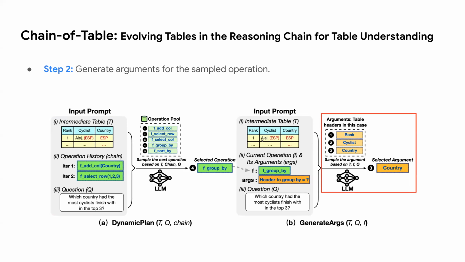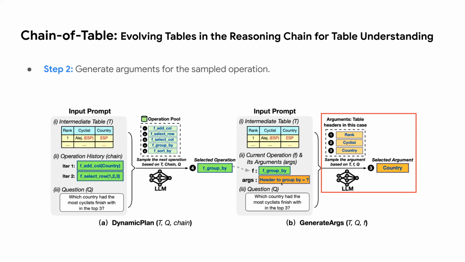Similarly, we consider a few different elements to prompt our model to get the argument: the intermediate table, the selected operation, and the question. That's quite simple. And here I want to emphasize that different operations may have different arguments. That's quite intuitive, right? If you want to add a column, you need to know the new column header and new column content. But if you want to group the rows by a column, you just need to know the header of the column.